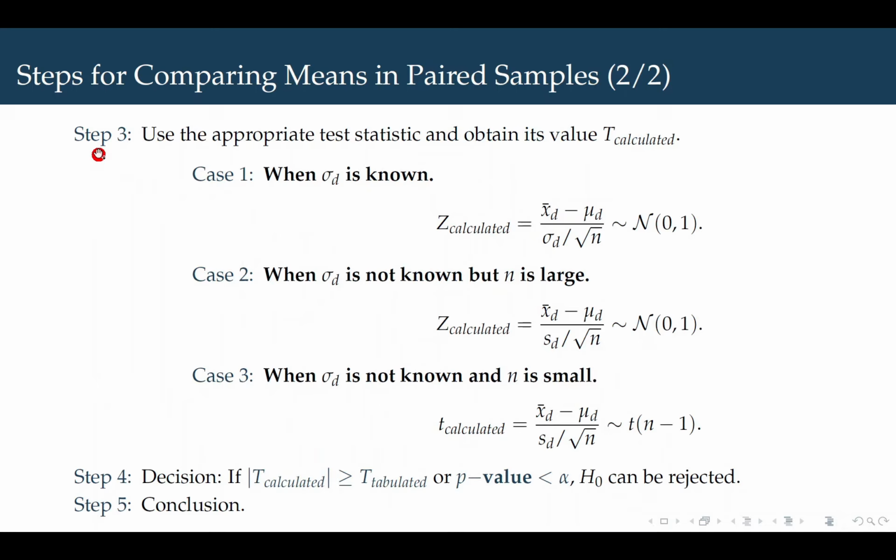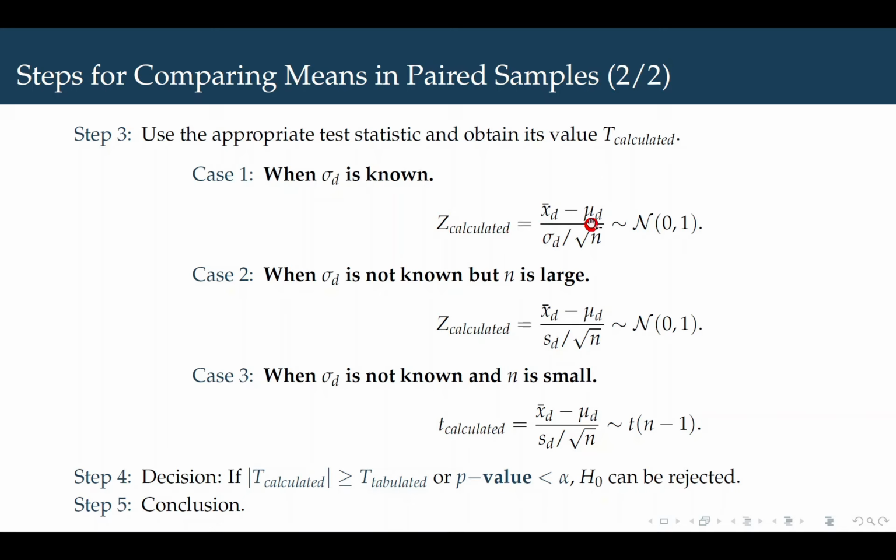Then the third step is to state the appropriate test statistic and obtain its corresponding calculated value, or the value that is going to be obtained using the sample data. Then if the population variance of the differences, or if the population standard deviation of the differences is given, then the test statistic will be based on a normal distribution, which can be determined as the sample mean of the differences minus the population mean of the differences.